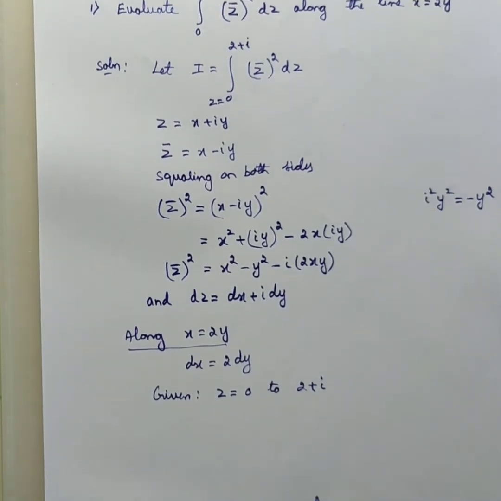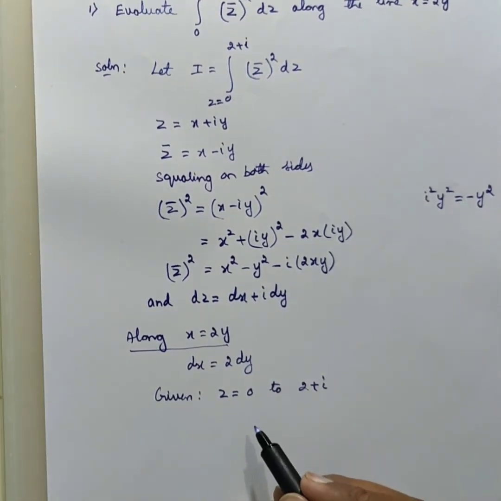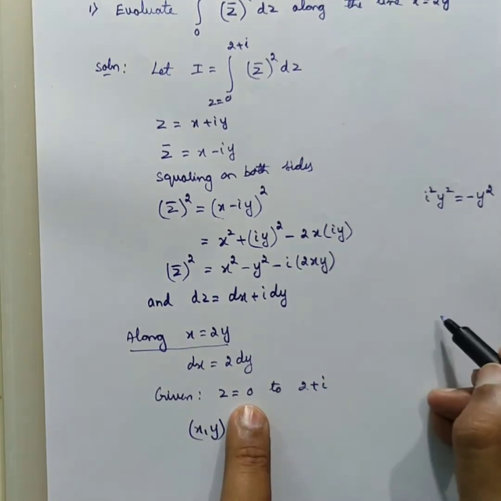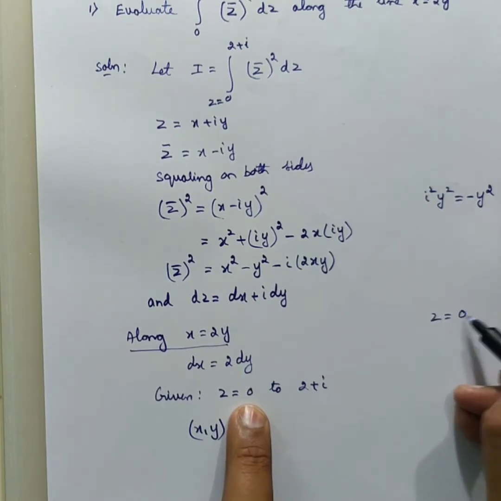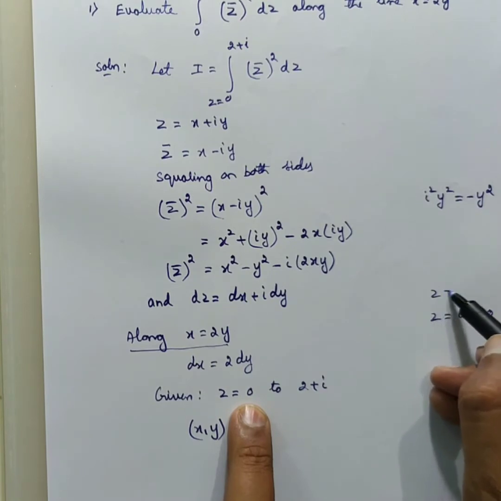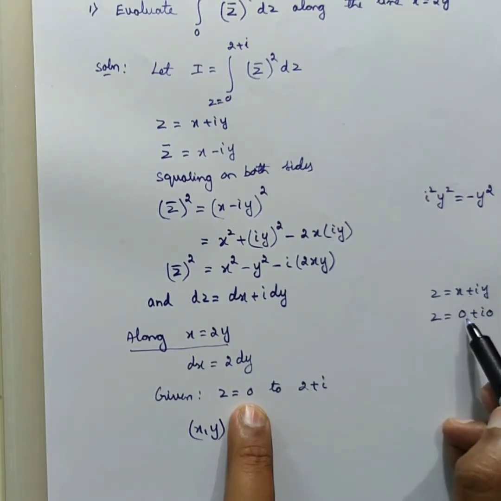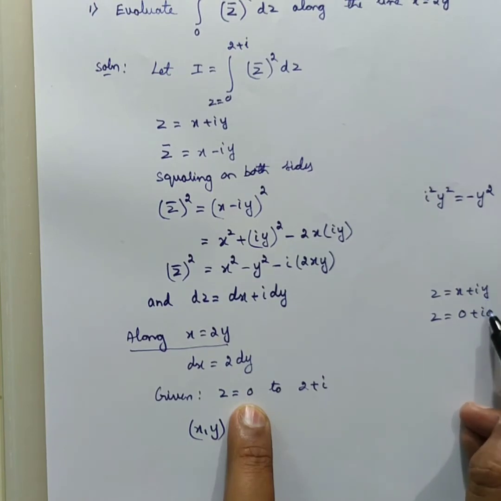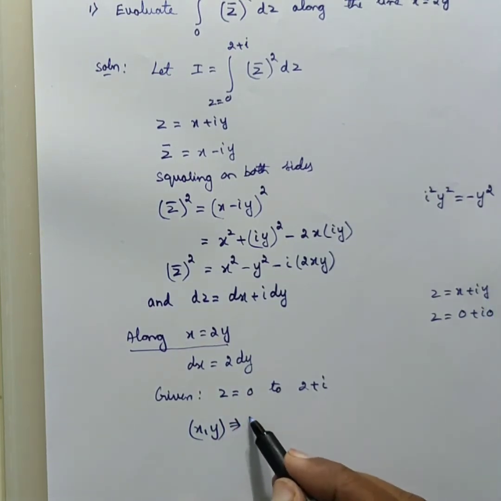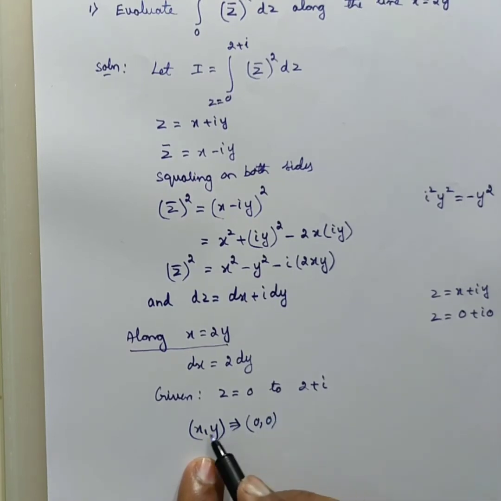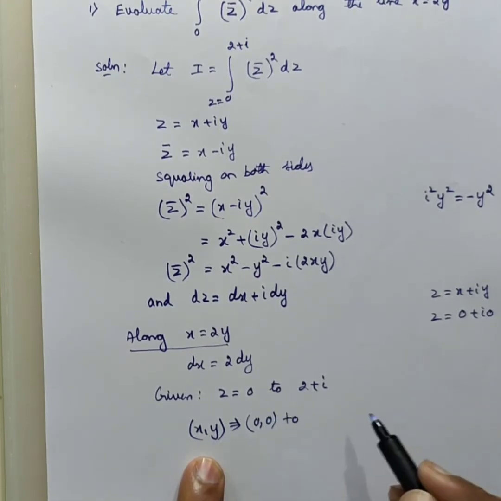If you want to express this in the form of coordinates x comma y: if z is 0, can I write this as 0 plus i times 0? So z is written in the form of x plus iy. What is the x value here? 0. What is the y value? 0. So x comma y is 0 comma 0.